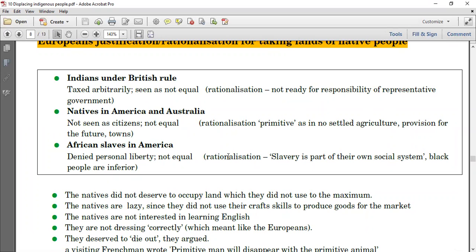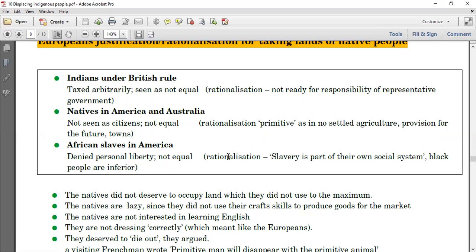Then, the natives are lazy and do not use their craft skills to produce goods for the market. For example, if you're an artist who likes to paint for your own house, or your mother is a fantastic cook but doesn't want to cook for a restaurant or run a business, she just wants to cook to feed you all, then suddenly they are lazy because they're not using craft skills to produce goods for the market.